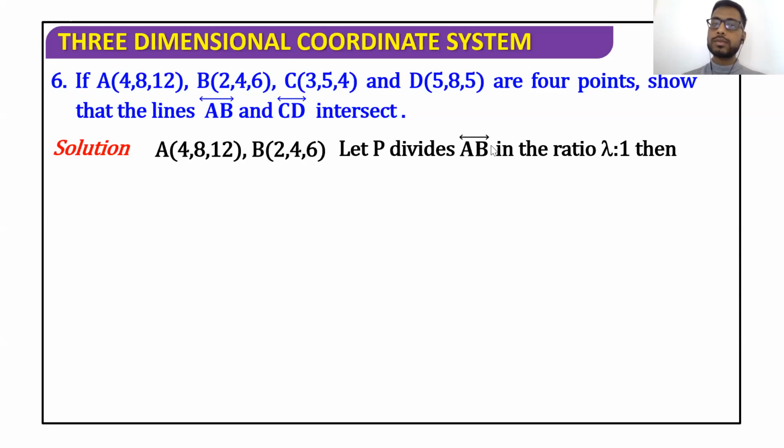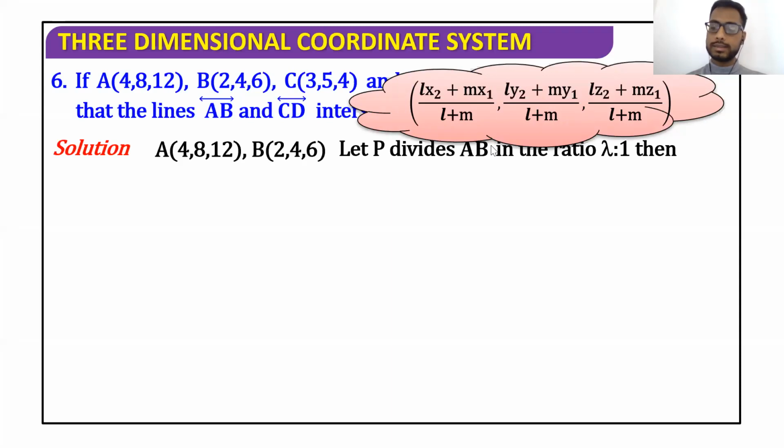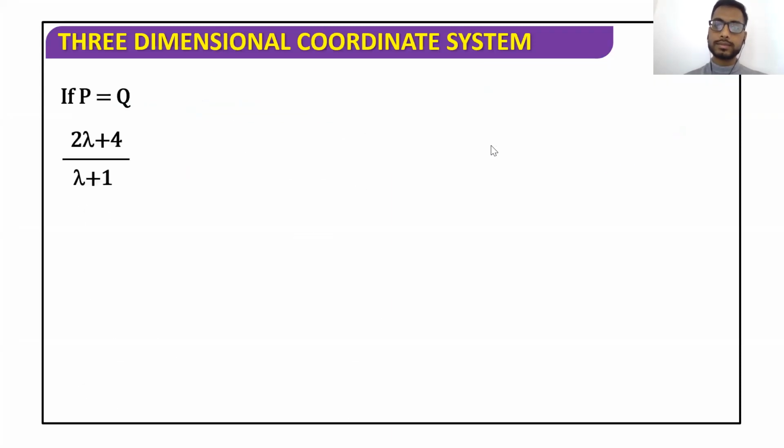Then find the values of those points P and Q. In this particular case, as there are 2 unknown variables of lambda and k, we have to simplify them. On simplifying, we get value of P as 1 2 3 and value of Q as also 1 2 3. As it is just one point, therefore I can say that lines AB and CD are intersecting.